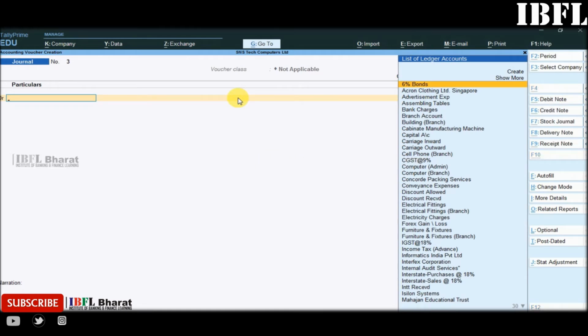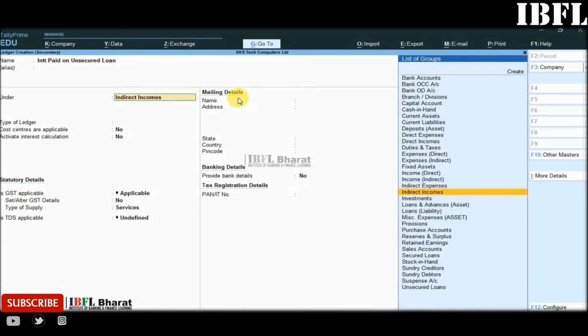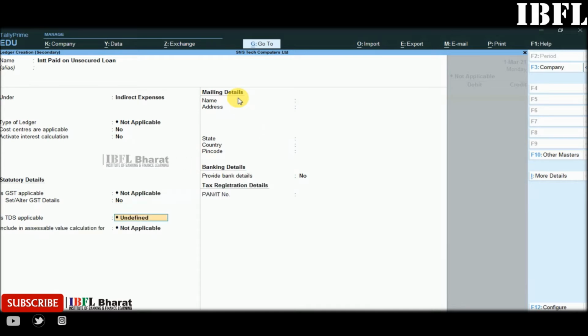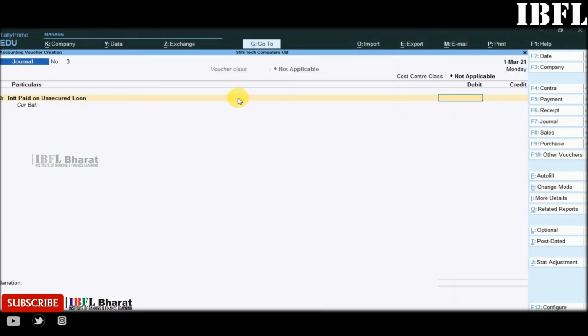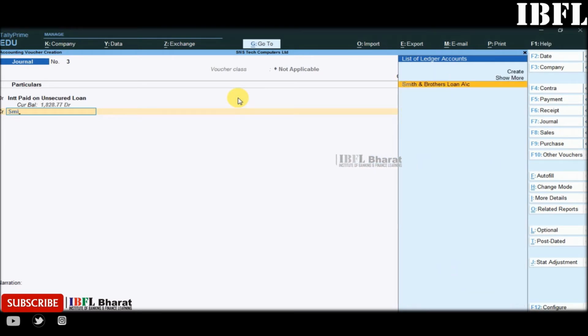So we are creating a ledger here, okay, and ledger name is interest paid on unsecured loan, okay, and this is our indirect expenses, no GST, not applicable. Amount was 1828.77, okay, and to whom we are making this payment is Smith and Brothers, okay.